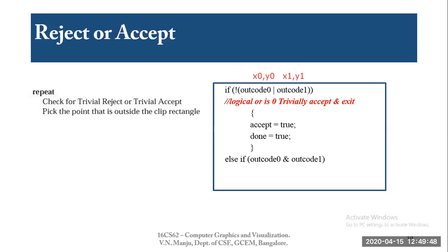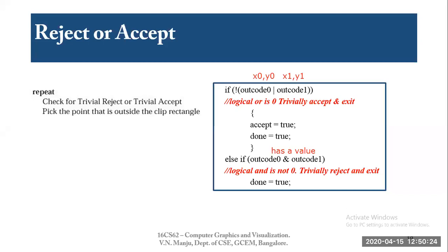Else if outcode 0 logical AND outcode 1 is not 0, meaning it has some value, you reject that point and say done is equal to true. So accept is equal to false, and done is equal to true.